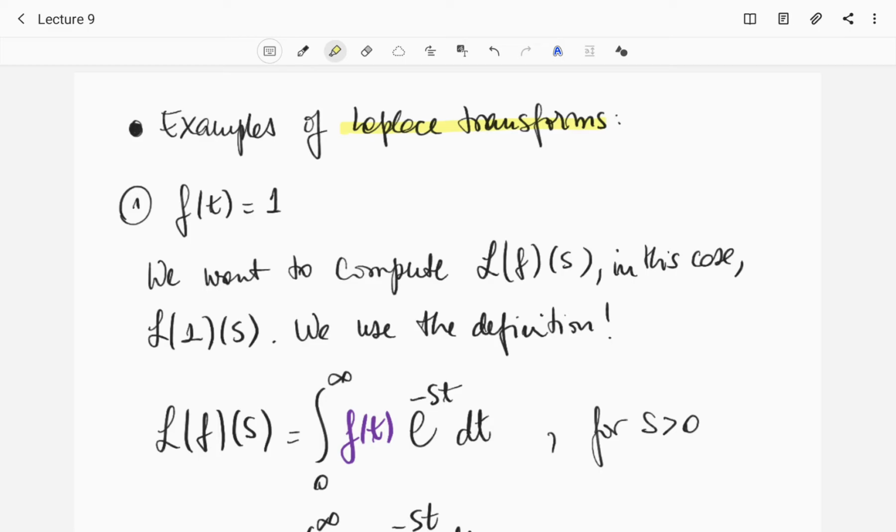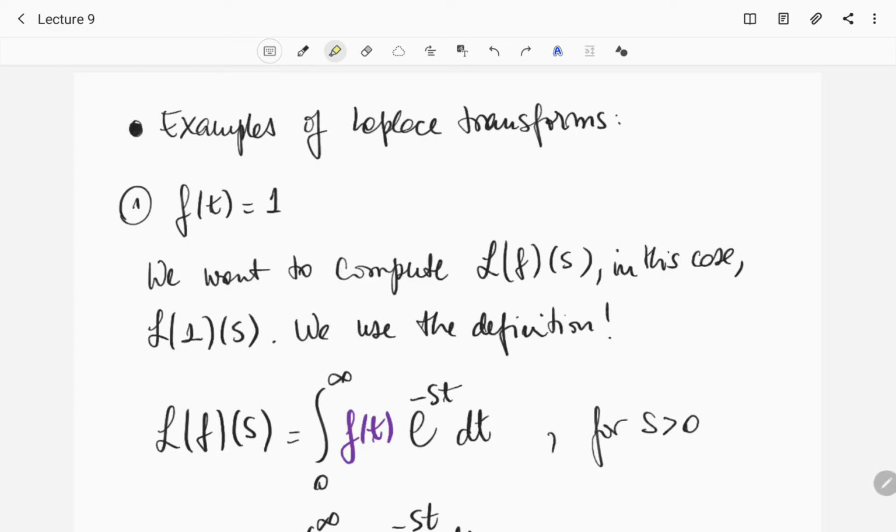So these functions might be of exponential order or might not, but we are not going to check that. So let's try to compute directly the Laplace transform using the definition that we have, as usual. It's the only tool that we have so far, so we just try to see what we can do with only the definition.